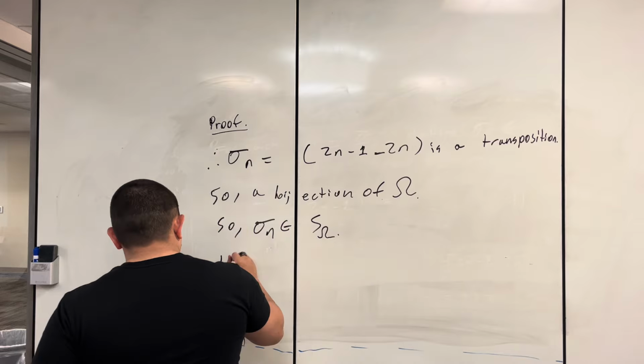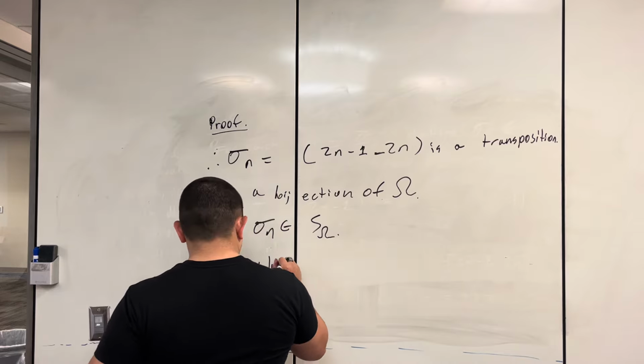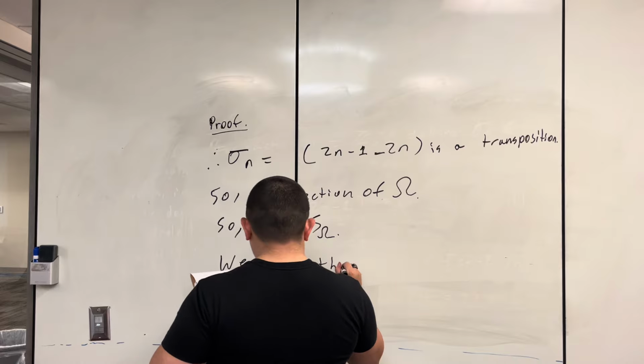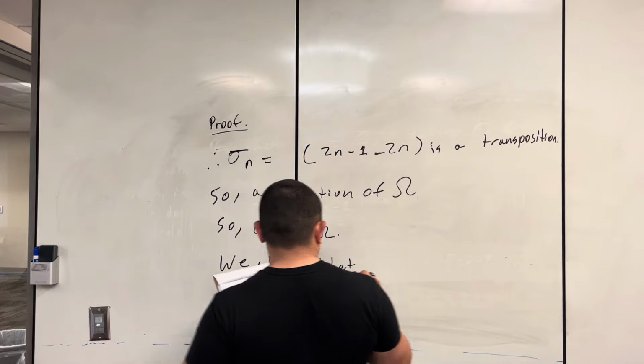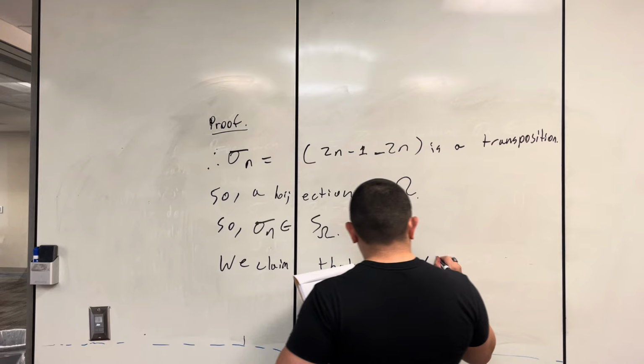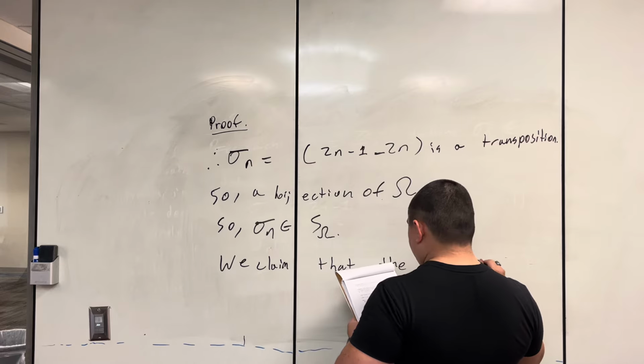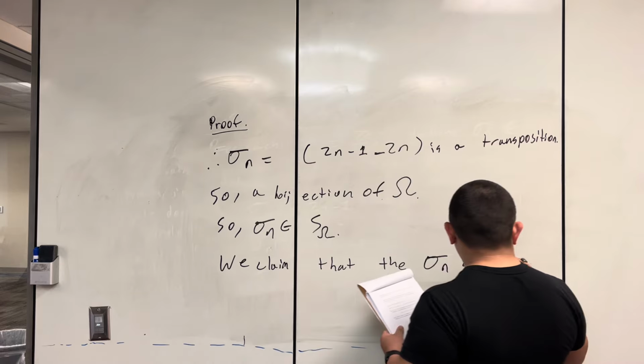And we claim that the sigma sub n are pairwise distinct.